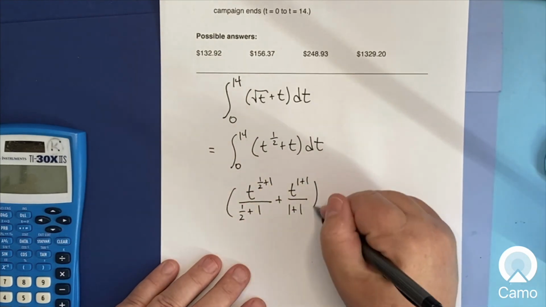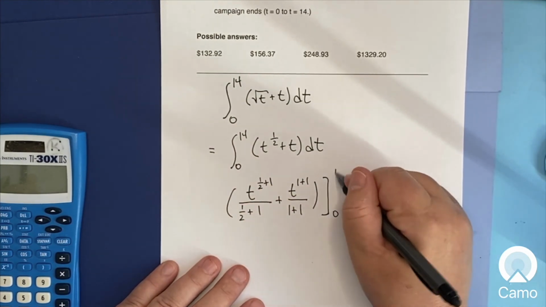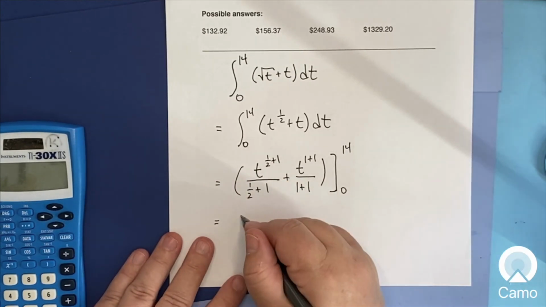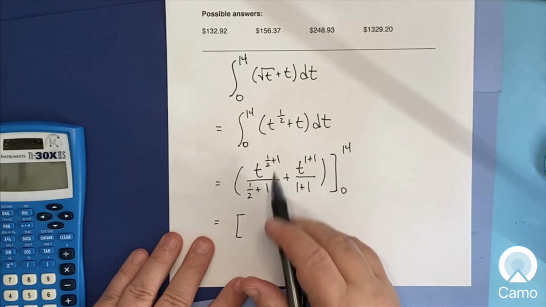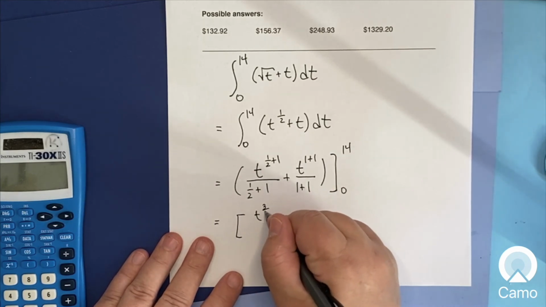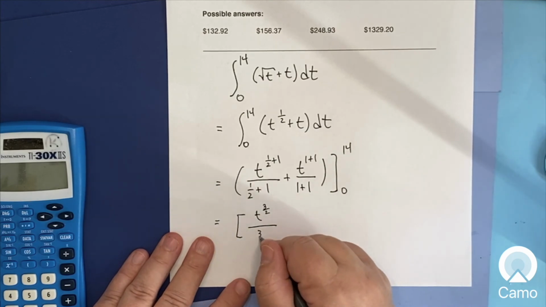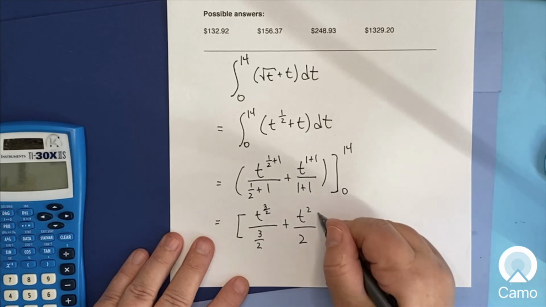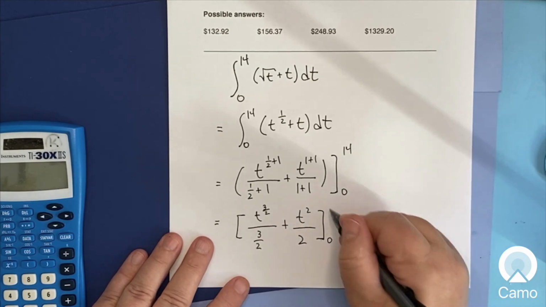I'm going to take this whole thing between 0 and 14. So let me make this as pretty as it will get. I happen to know that 1/2 plus 1 is 3/2. So it's T to the 3/2 over 3/2 plus T squared over 2 from 0 to 14.